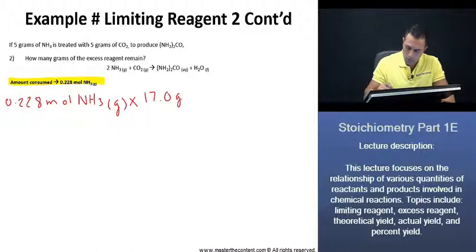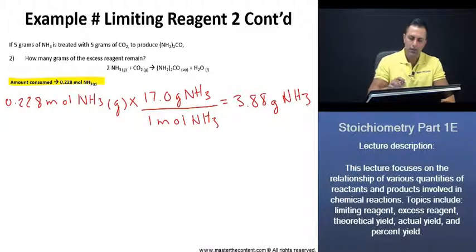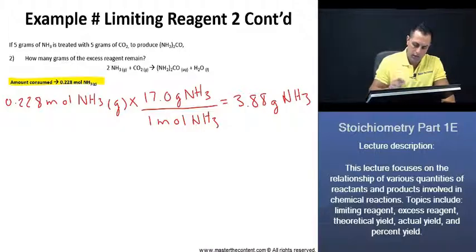We know that's going to be 17 grams per mole of our ammonia, and I believe that's going to be 3.88 grams of ammonia. There we are. This number tells us the amount of ammonia that is being used up. Now that we know the amount of ammonia that is being used up, we can subtract that from the initial amount that we have, the 5 grams. And that's going to give us the amount of ammonia remaining in grams.